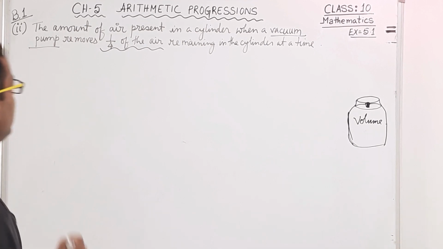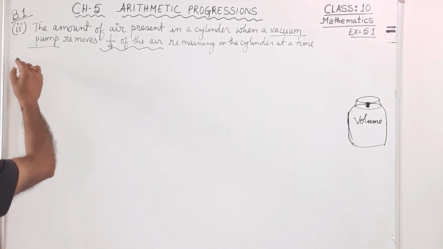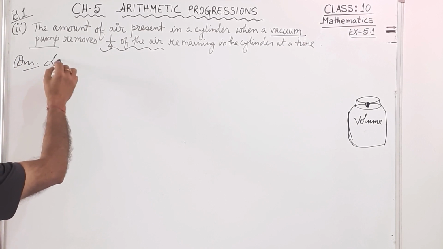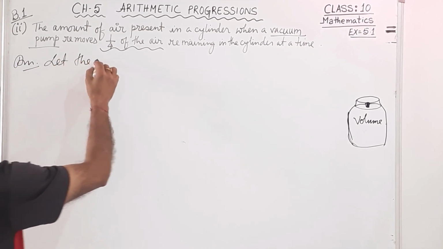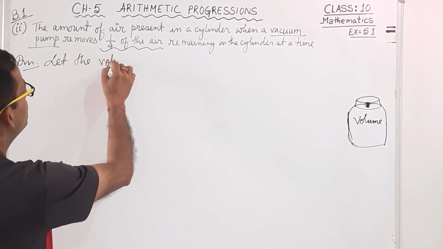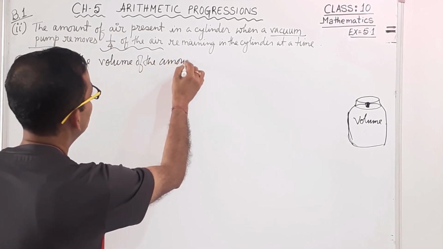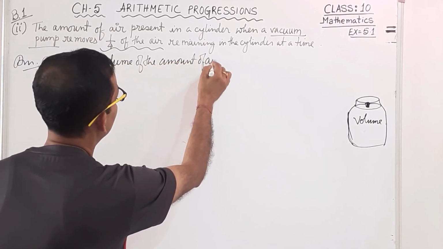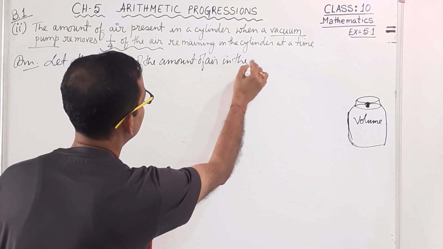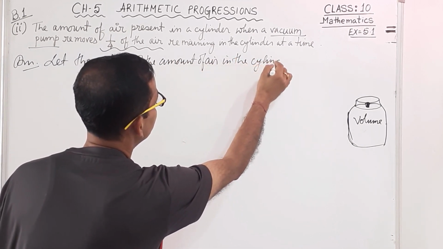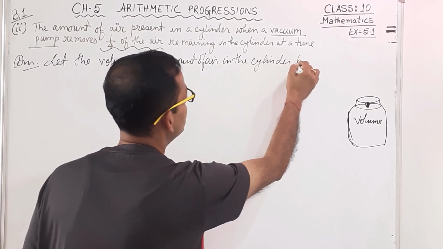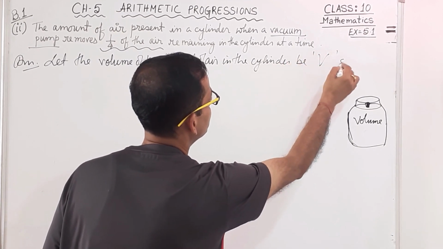Here nothing else is told. So how we will start? Let the volume of the amount of air in the cylinder be V, say.